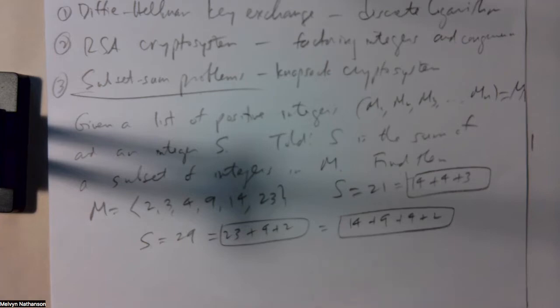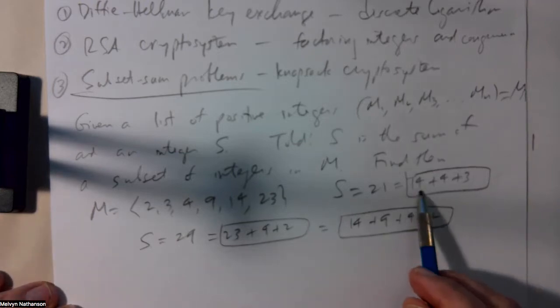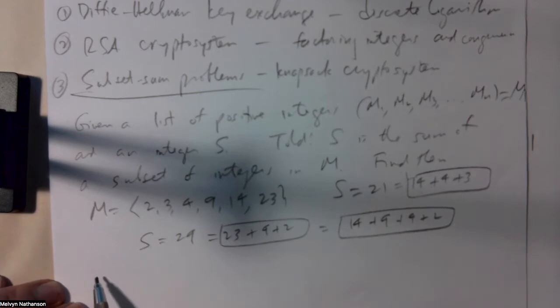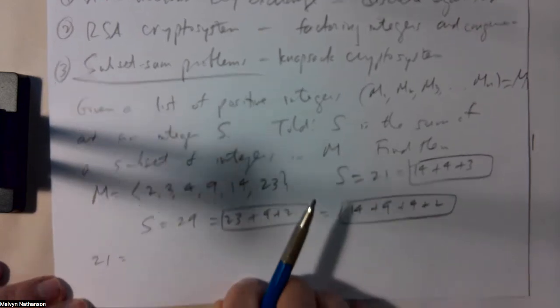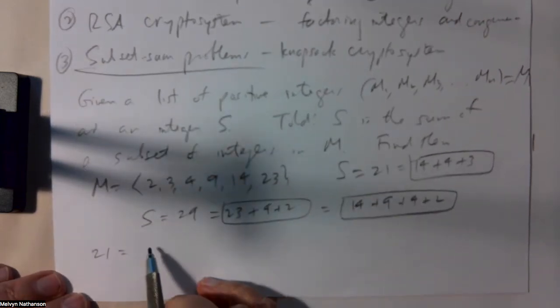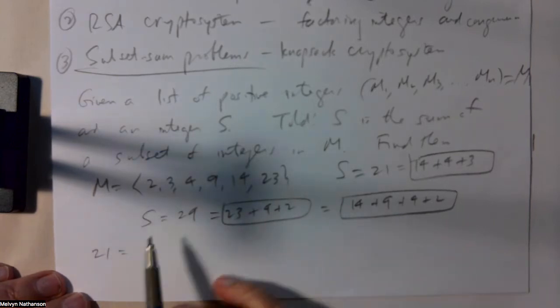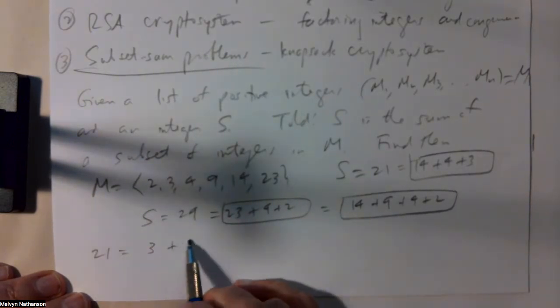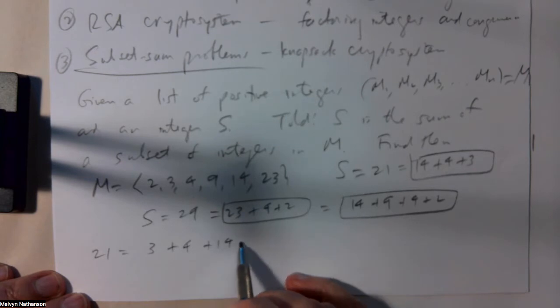Now, there's an alternative way to write this. Let's look at 14, 4, and 3. So 21 is, let me write it in increasing order, going from left to right, 3 plus 4 plus 14.